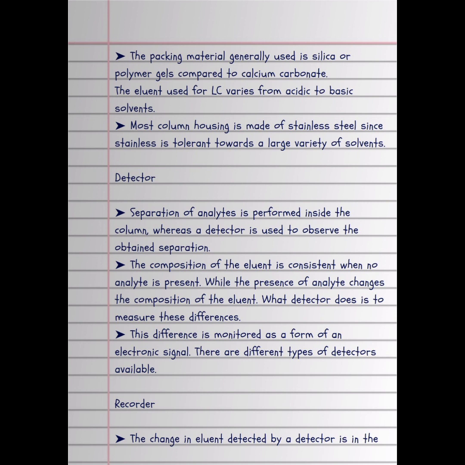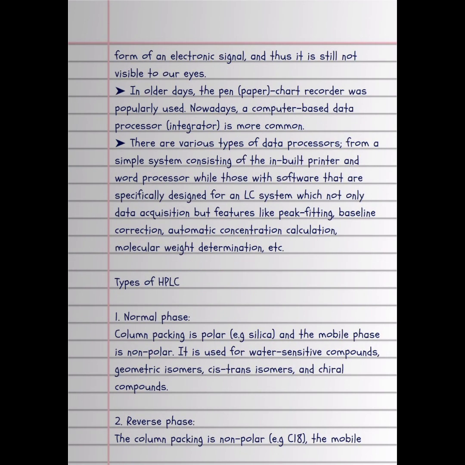Recorder. The change in eluent detected by a detector is in the form of an electronic signal, and thus it is still not visible to our eyes. In older days, the pen and paper chart recorder was popularly used. Nowadays, a computer-based data processor, integrator, is more common.